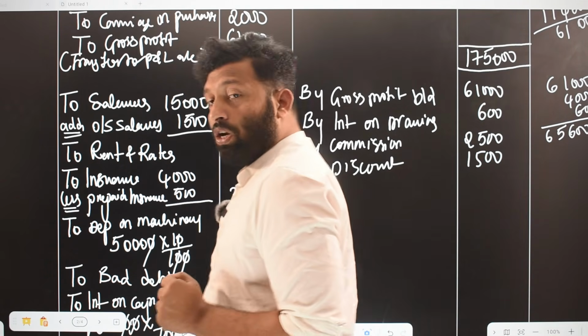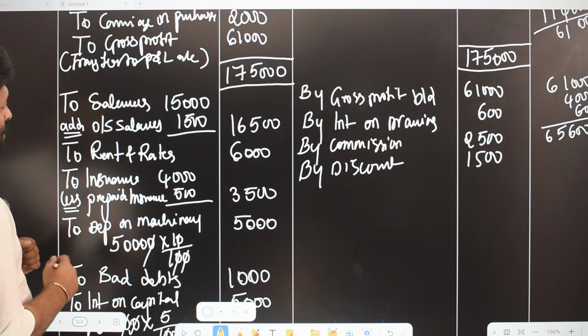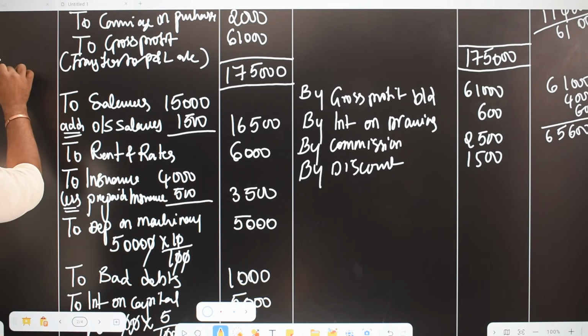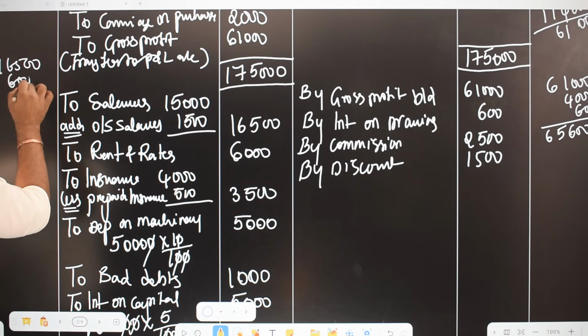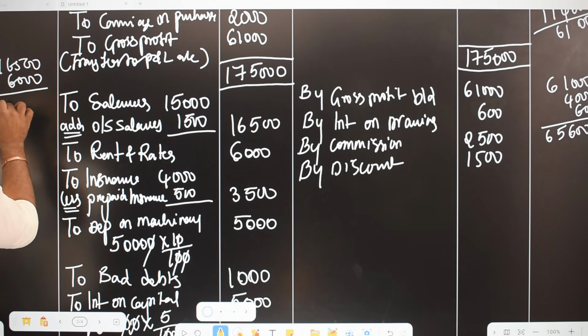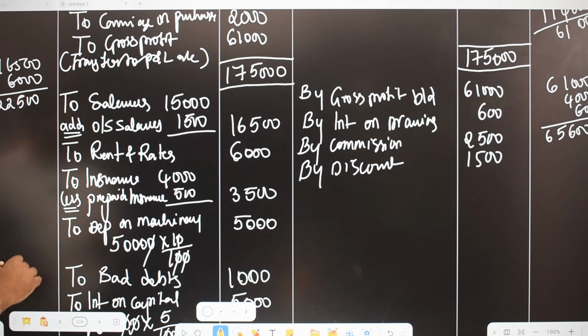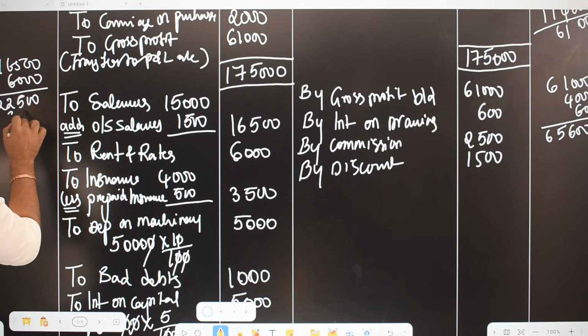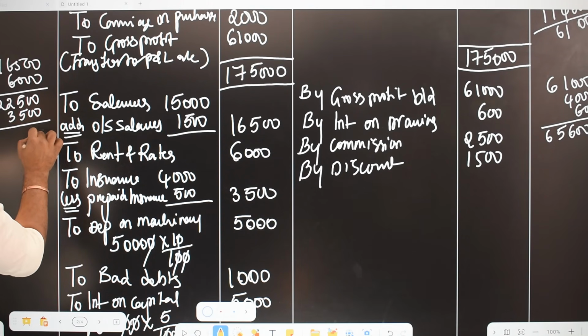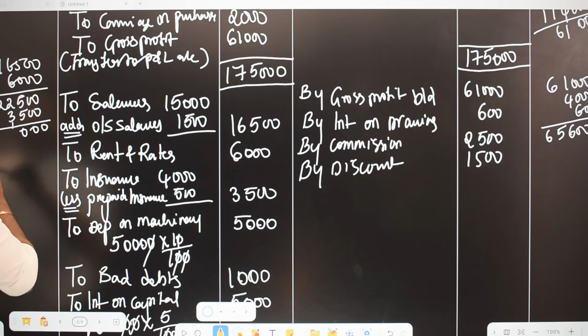What is the debit column total? Your expenditure column total. 16,500 plus 6,000 is 22,500. 22,500 plus 3,500 is 26,000.